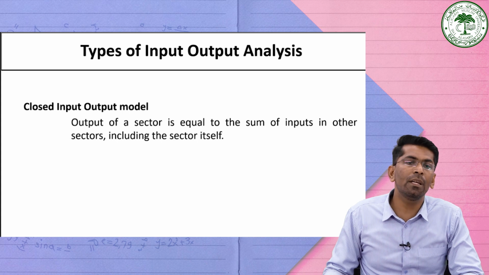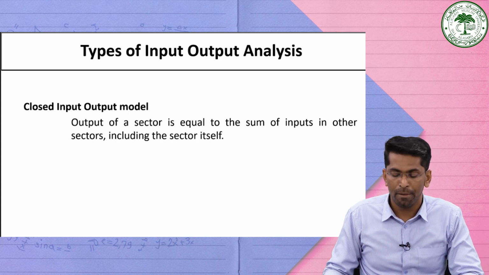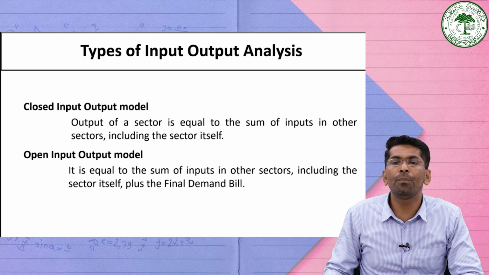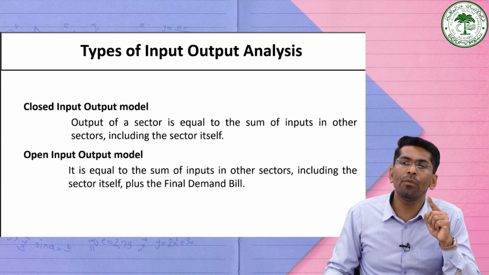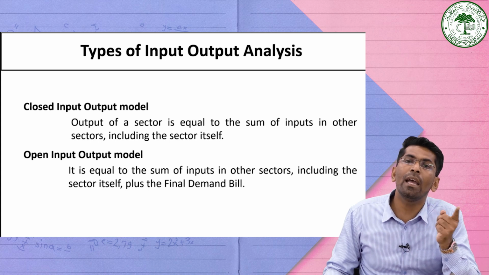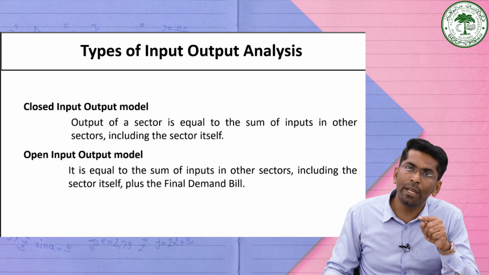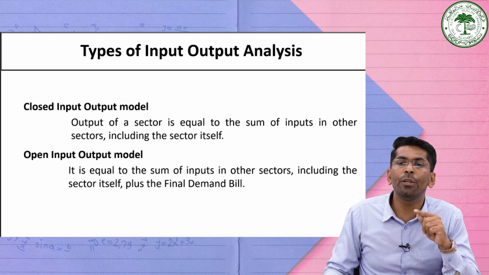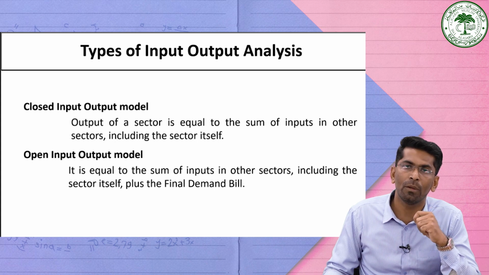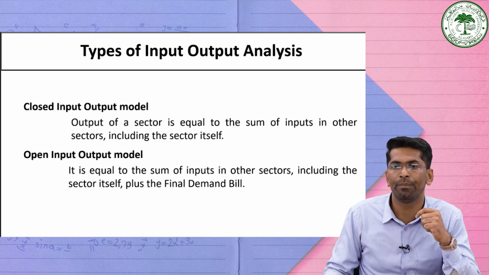As against the closed input-output model, we have the open input-output model as well. In this case, the output of the sector is equal to the sum of inputs in the other sectors, including the sector itself, and we also add one more sector, which is the final demand sector.